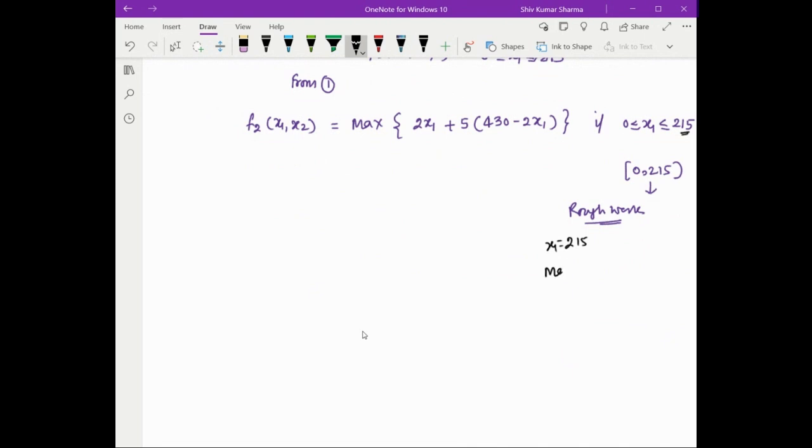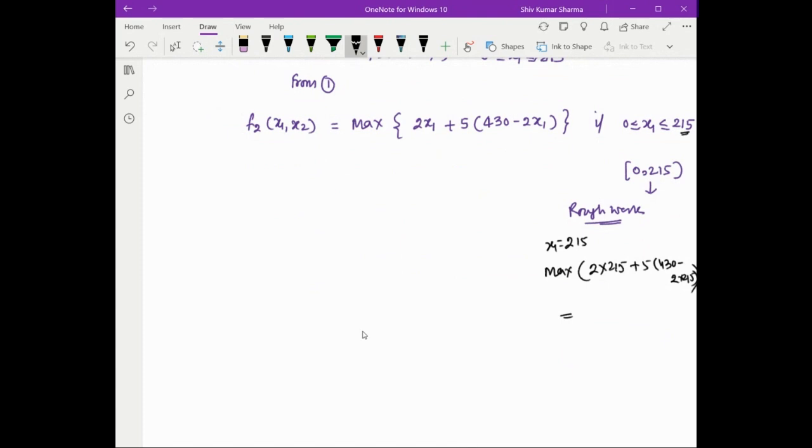We take the maximum of 2 into 215 plus 5 into 430 minus 2 into 215. 215 into 2 is 430. So 430 minus 430 is 0. So 5 into 0 is 0.